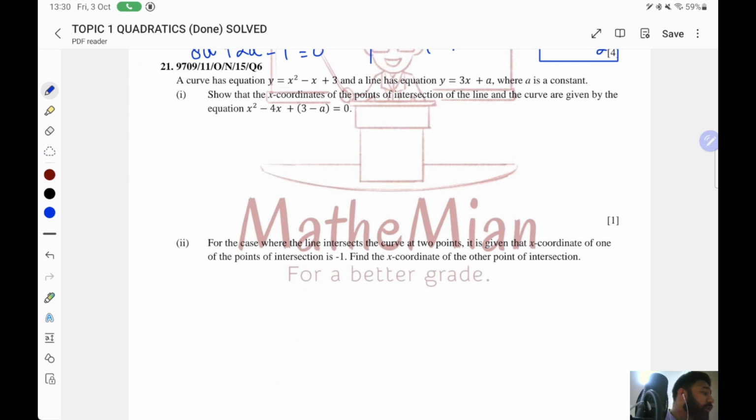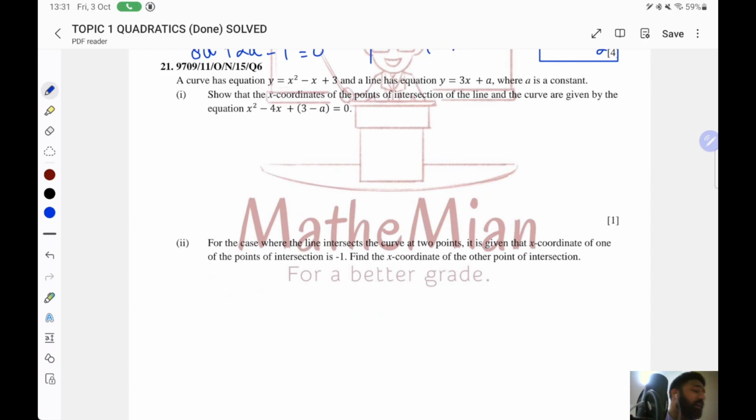Show that the x coordinates of the points of intersection of the line and the curve are given as this. So in the first part, all you need to do is show that the line and the curve intersect with this equation.